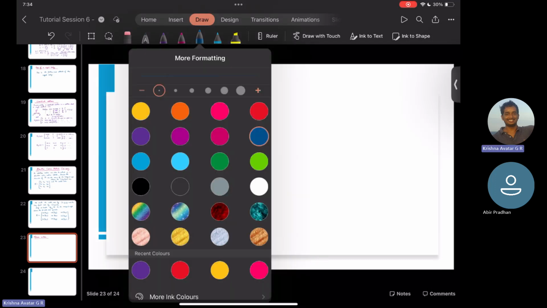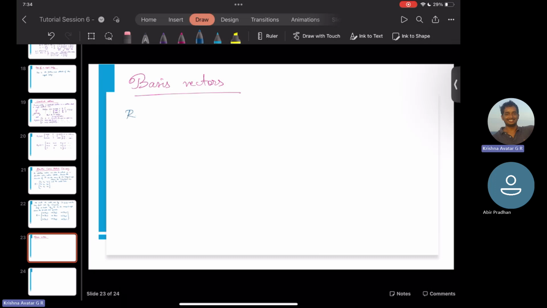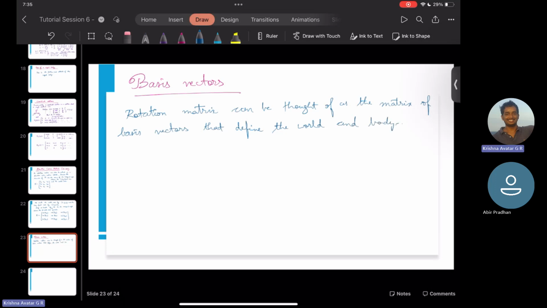Right. Now, the rotation matrix can be thought of as the matrix of basis vectors that define the world and body fixed coordinate systems, right?